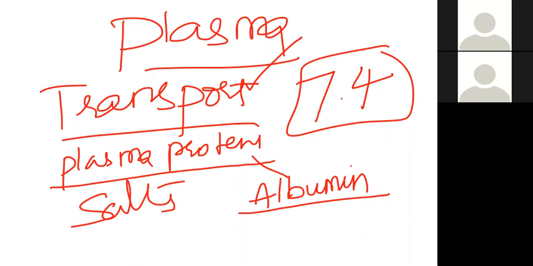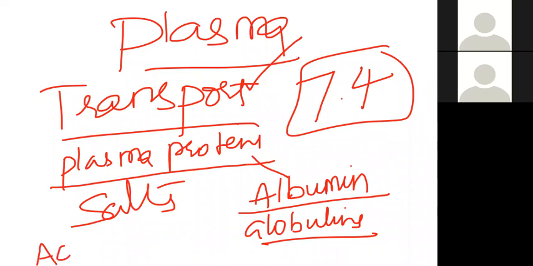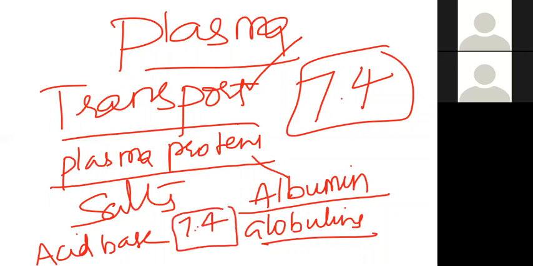Next, globulins: the gamma globulins are antibodies against infections. And plasma proteins act as the acid-base buffer, which maintains the blood pH at 7.4. These are all the issues about the plasma.